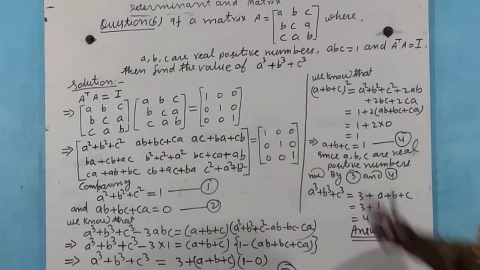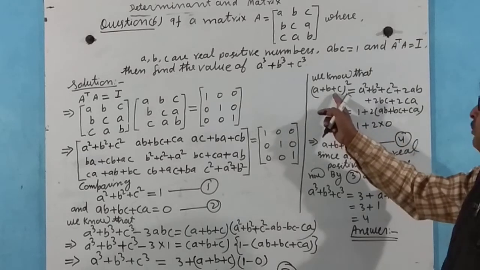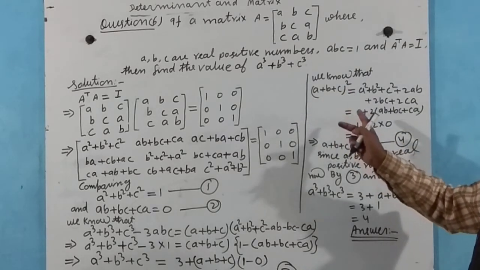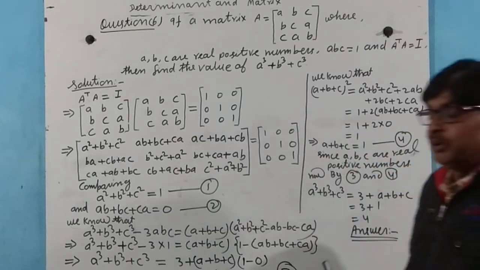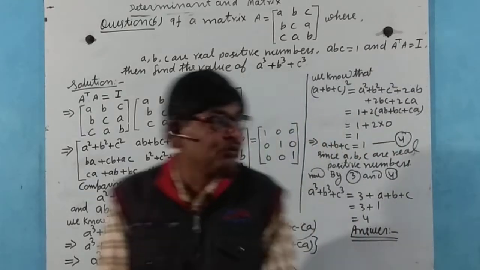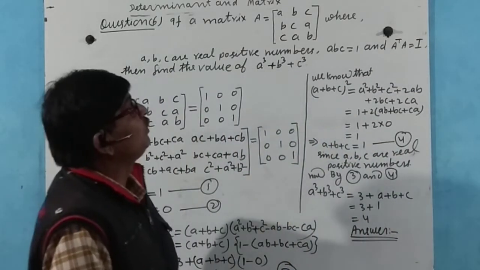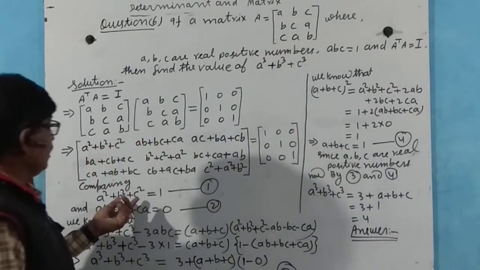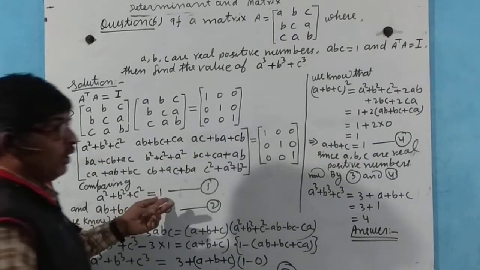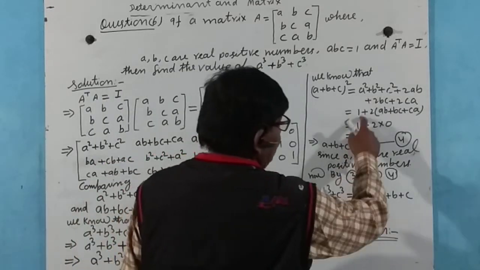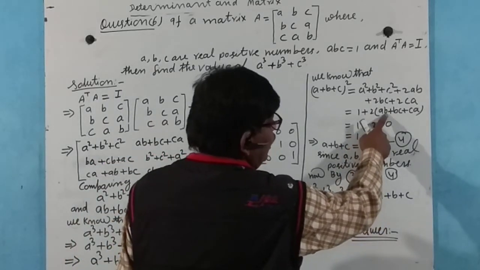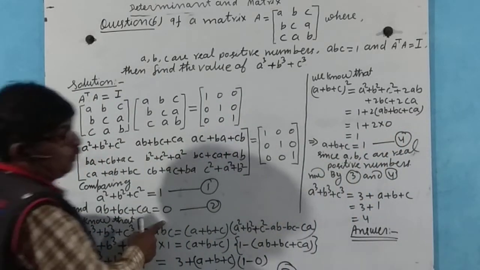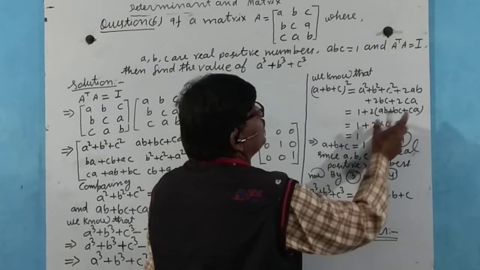Now we know that (a plus b plus c) whole square equals a square plus b square plus c square plus 2ab plus 2bc plus 2ca. Since a square plus b square plus c square equals 1, and taking 2 common, ab plus bc plus ca is 0, so this becomes 0.